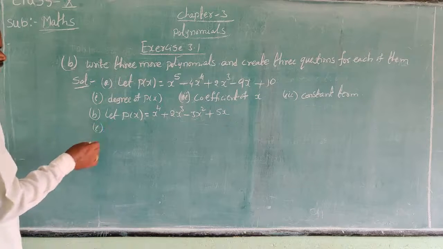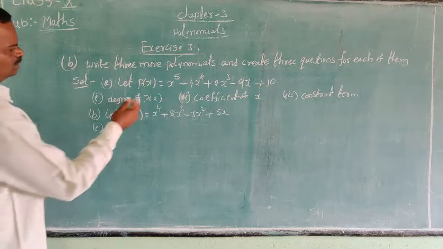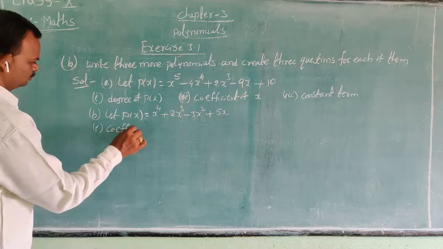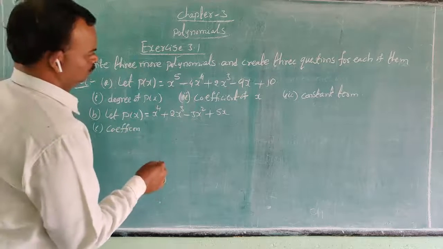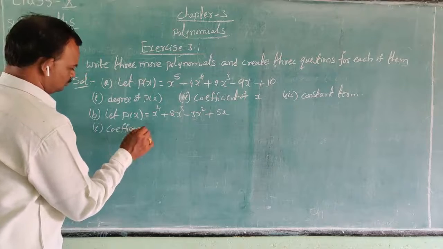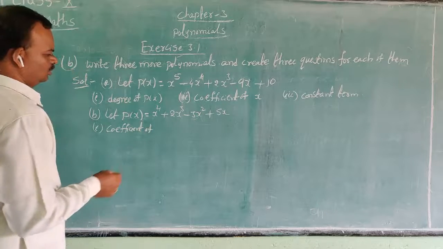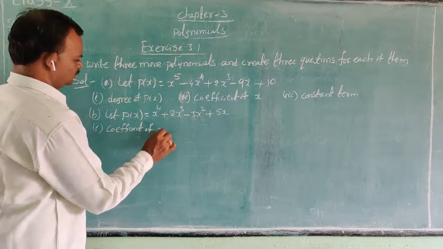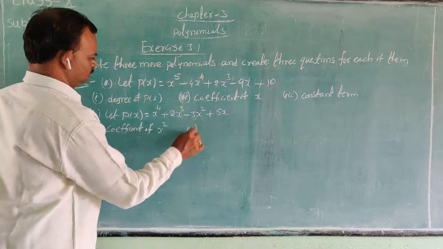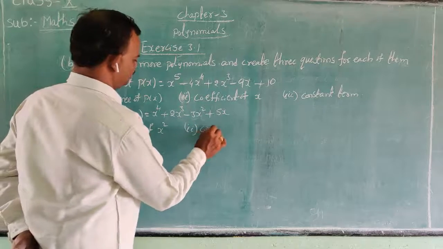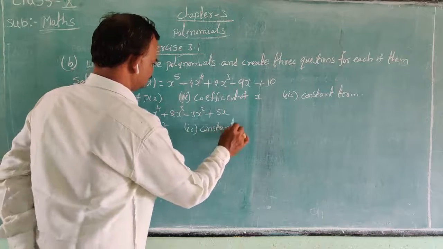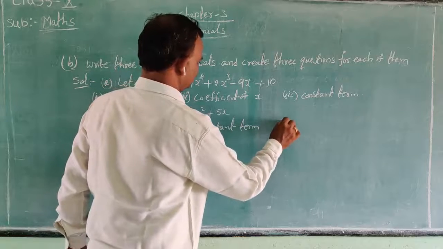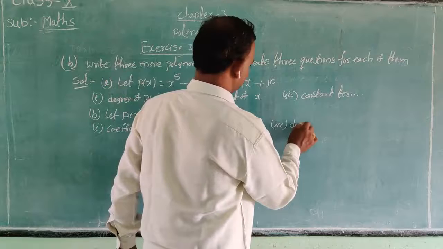The 3 questions: the coefficient of x square, the constant term, and the degree of P of x.